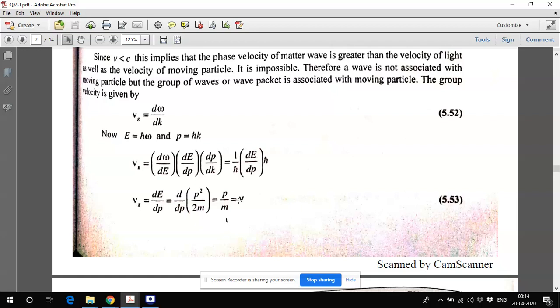Hence, we conclude that if I want to construct a wave, it should not be a single wave. It should be a group of waves to target this kind of matter wave. And this group of waves, or the superposition of all the waves, is known as the wave function. Hence, the wave function is the wave which represents the particle's wave nature.